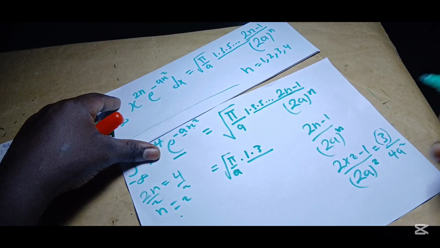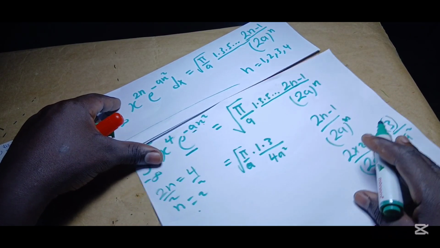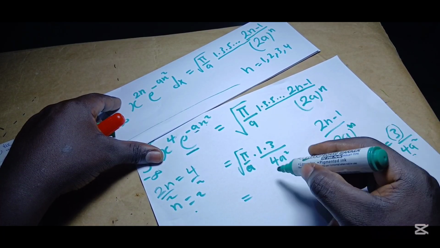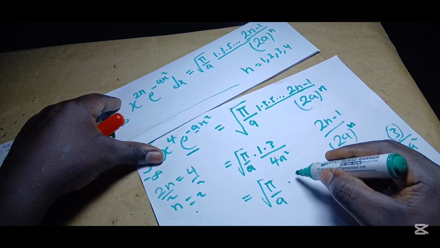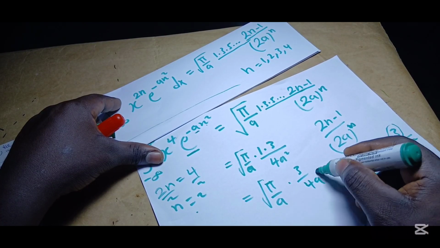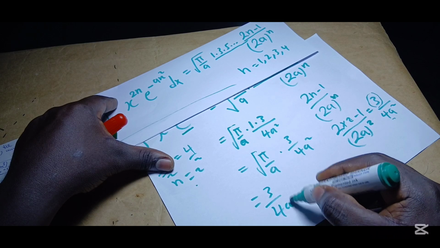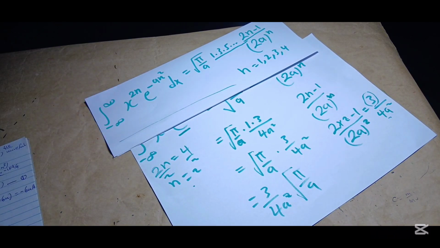Those are the odd numbers that can be there, divided by 4a squared. So 1 by 3 is the same as 3. So square root of pi over a multiplying 3 over 4a squared can just be simplified as 3 over 4a squared square root of pi over a.